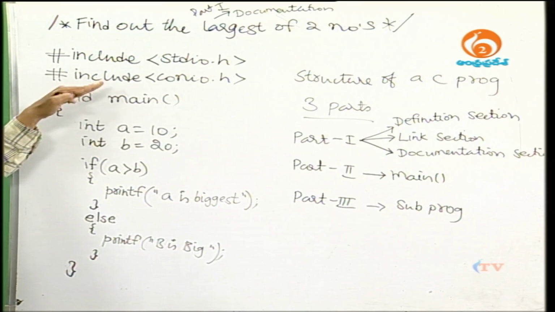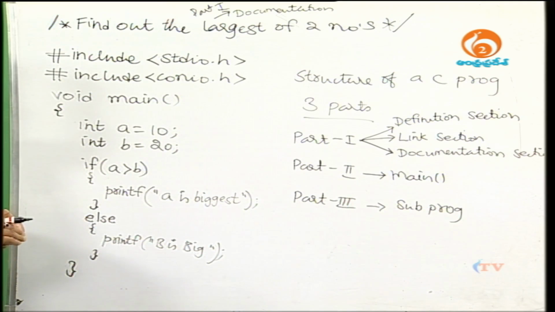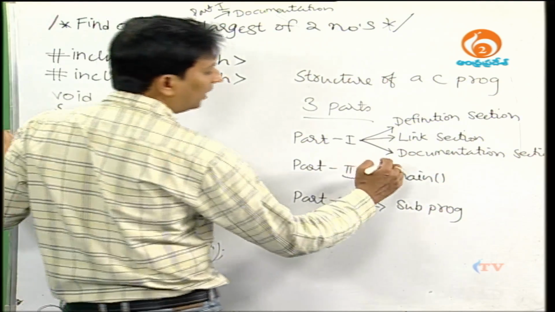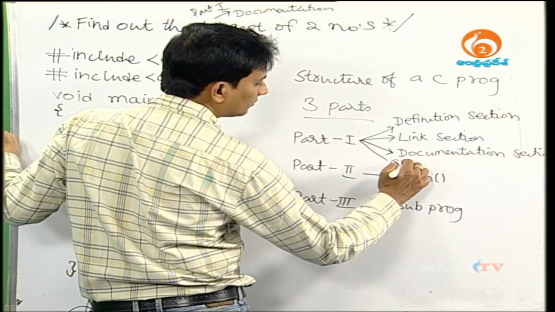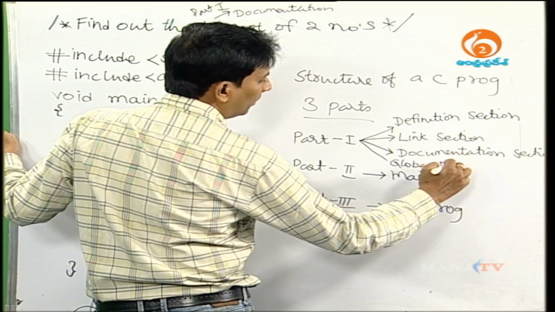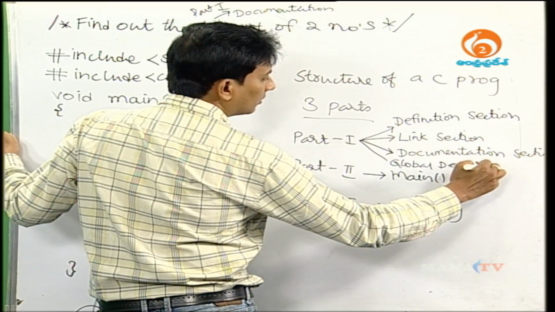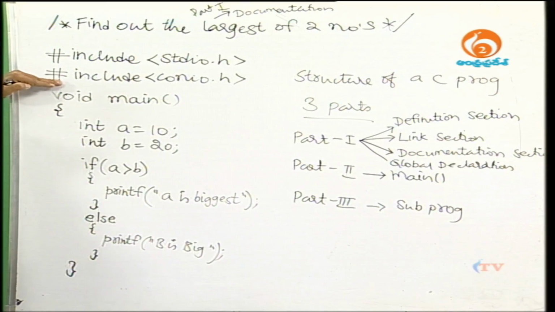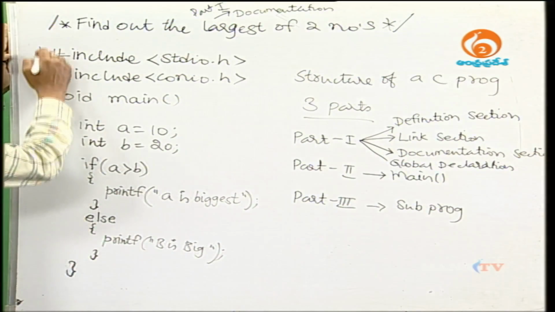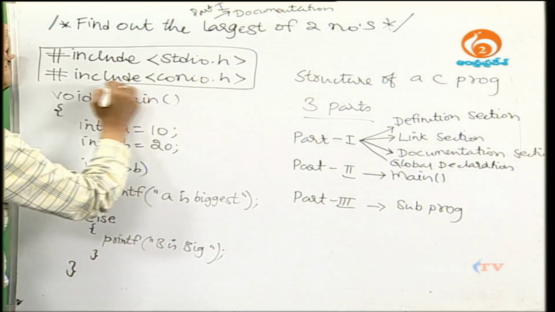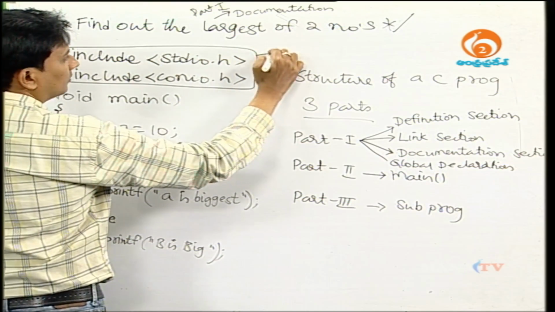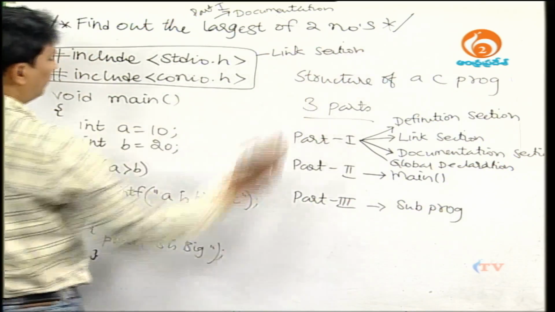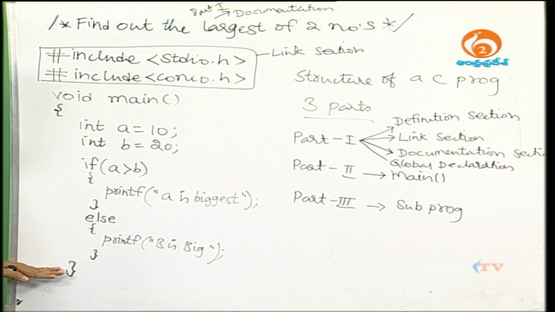We can also write a global declaration section, but here we are not using global declarations. This is the link section, and this is the main function section.